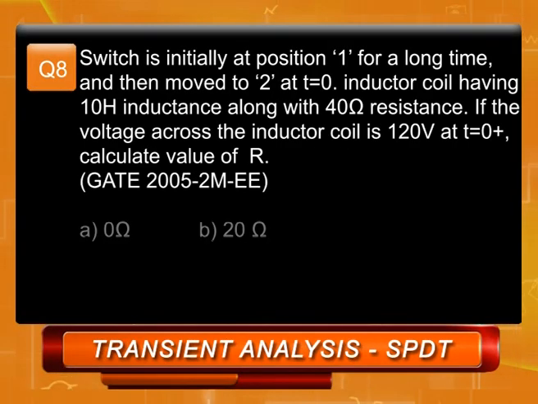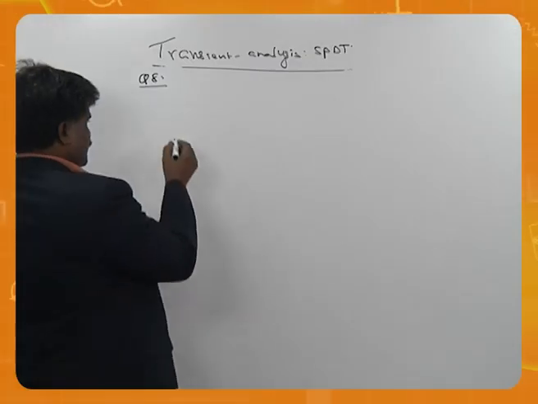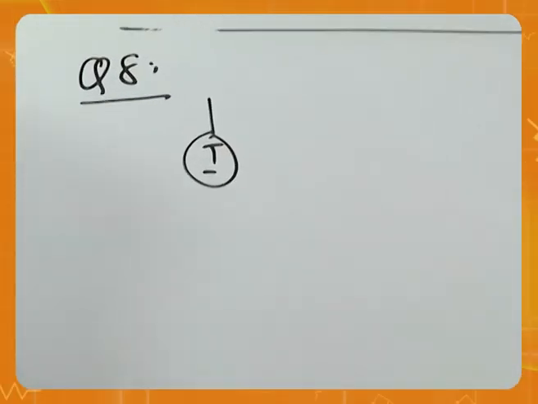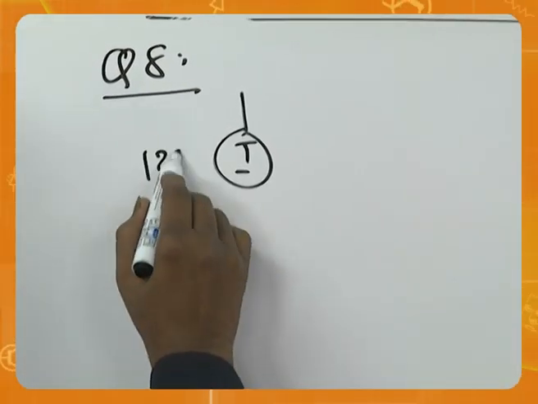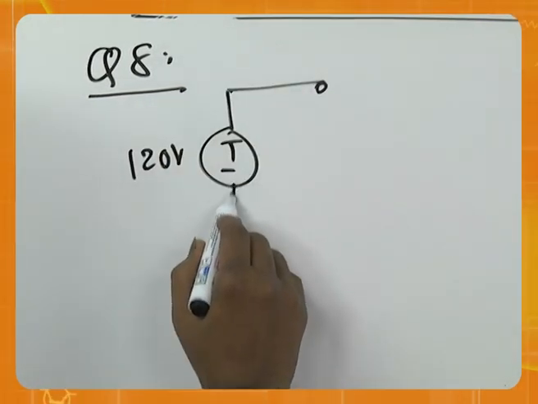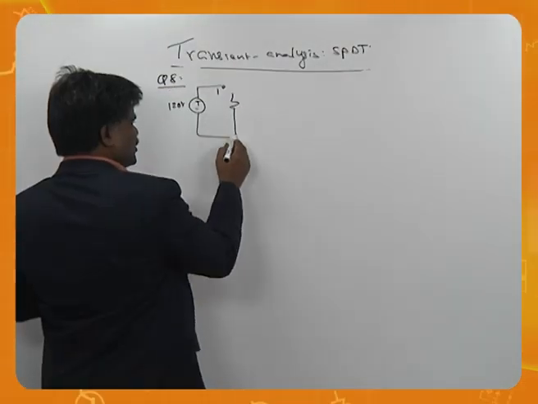Question number 8. First, let me draw the circuit. Here is a battery, 120 volts. Nothing is given there. Then you have position 1 there and position 2 here.